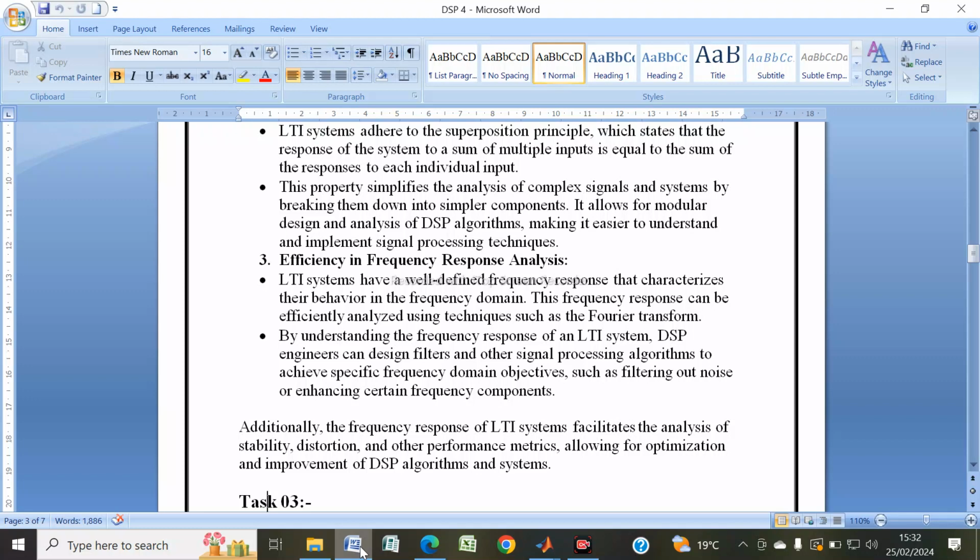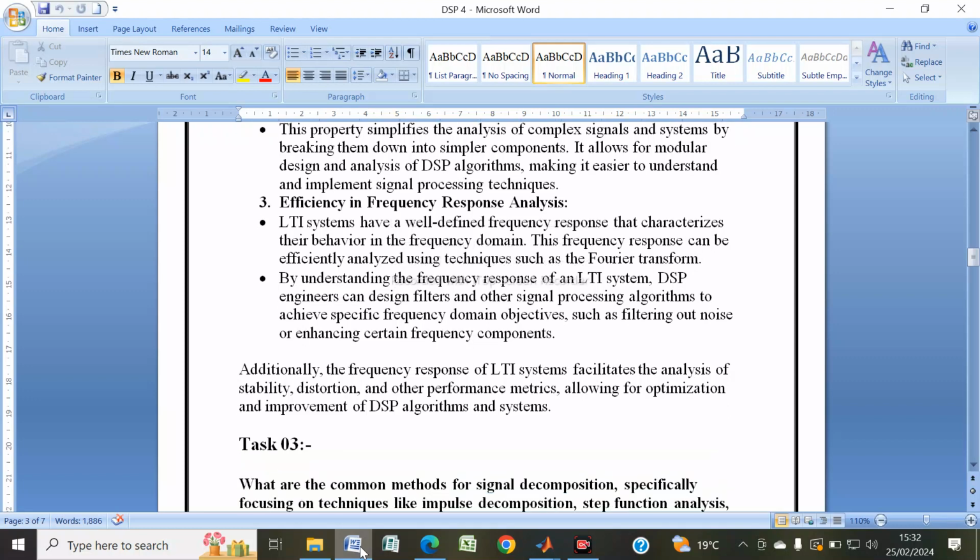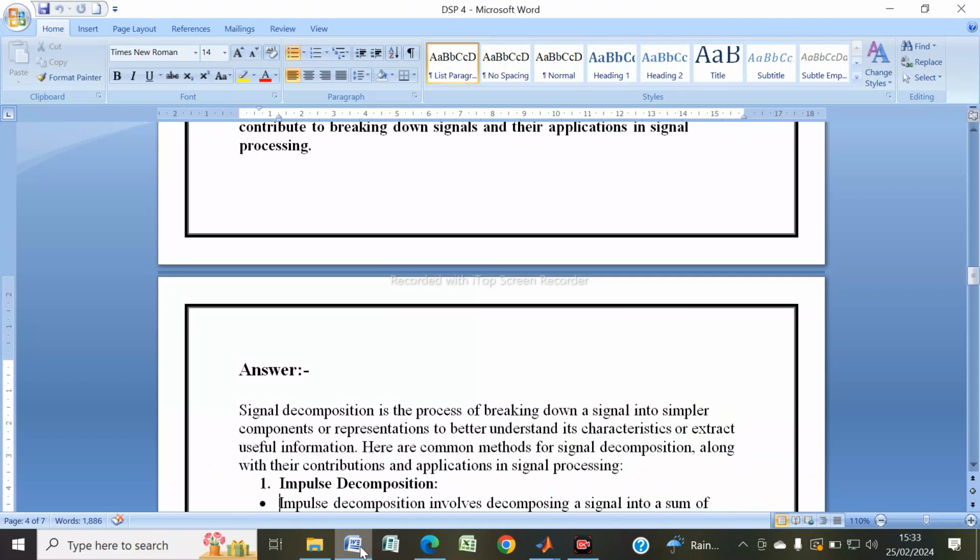This frequency response can be efficiently analyzed using techniques such as the Fourier transform. In short, the frequency response of an LTI system facilitates the analysis of stability, distortion, and other performance metrics, allowing for optimization and improvement of DSP algorithms and systems.